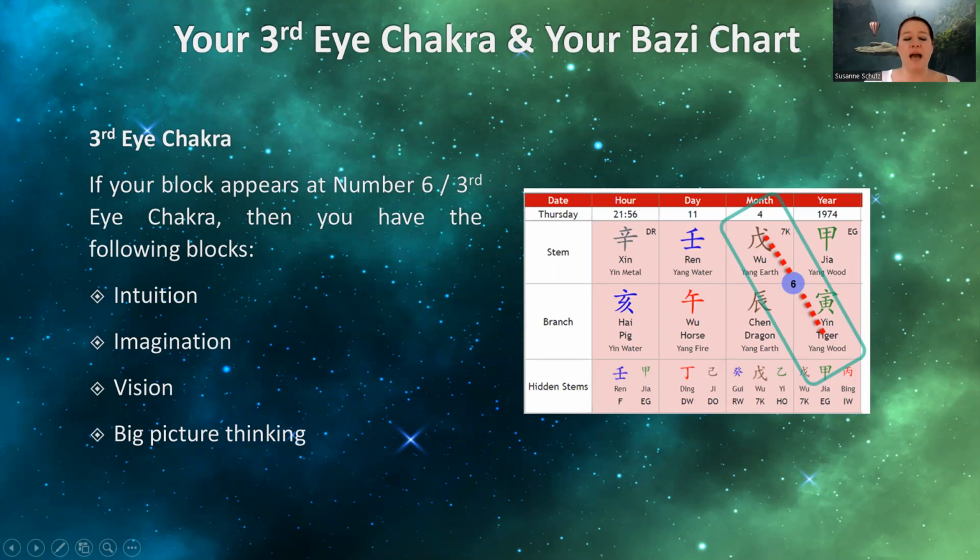So if you do have a third eye chakra block indicated already or present in a natal chart, then this is something that can harm or affect in a negative way anything that has to do with your imagination, with your vision, with your intuition.